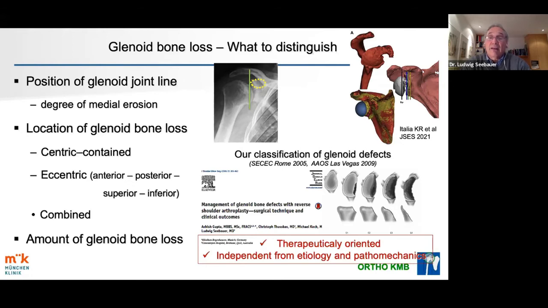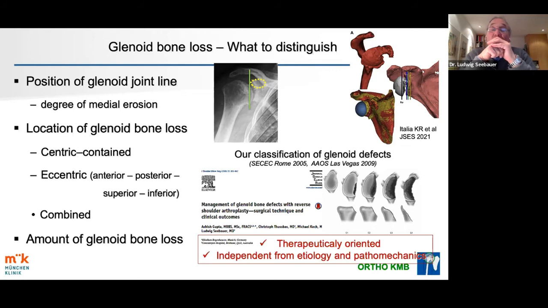What is the ideal joint line for a reverse shoulder arthroplasty, and for which type of reverse shoulder arthroplasty? We have just learned that we have reverse shoulder arthroplasties with a lateralized glenosphere, or a lateralized center of rotation, and we have ones with a lateralized humerus. Those are different things we have to understand, and that is not too easy, but we have to know where the joint line is.